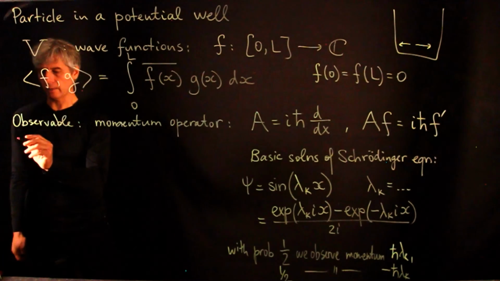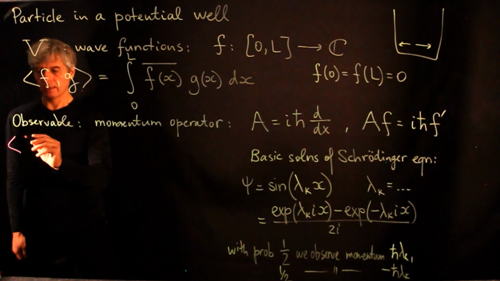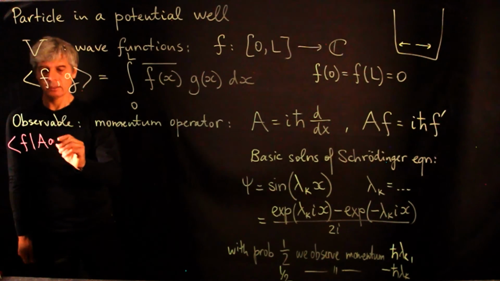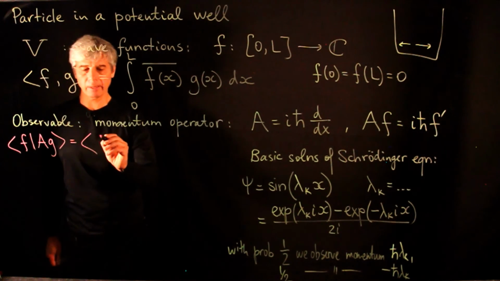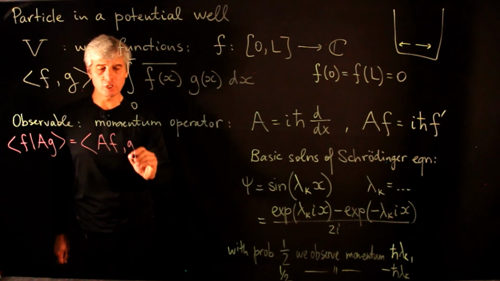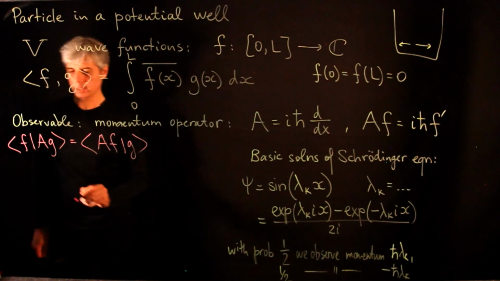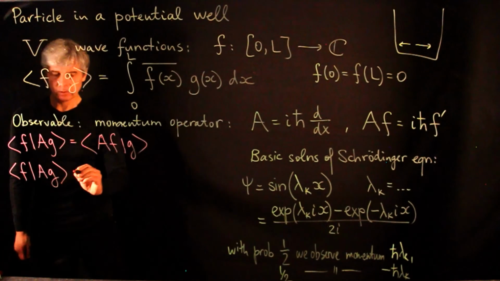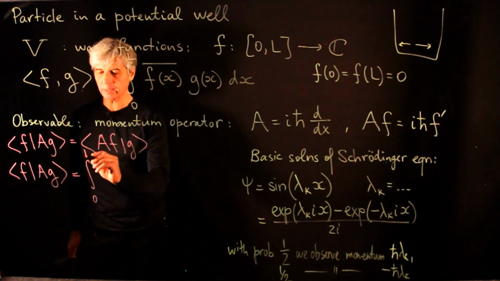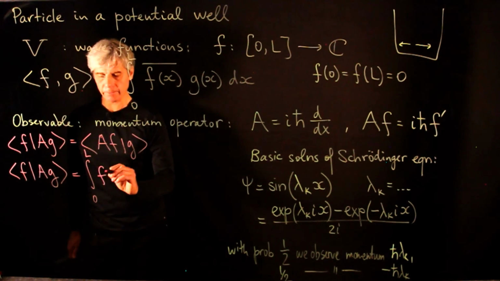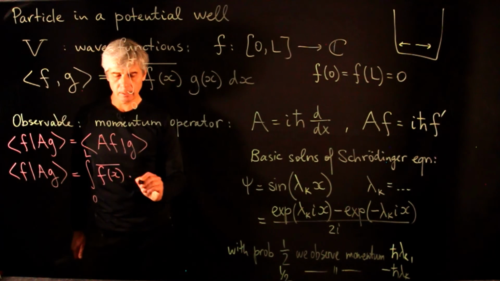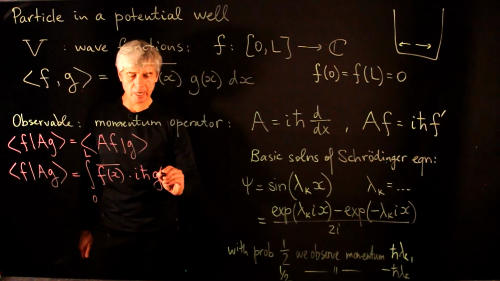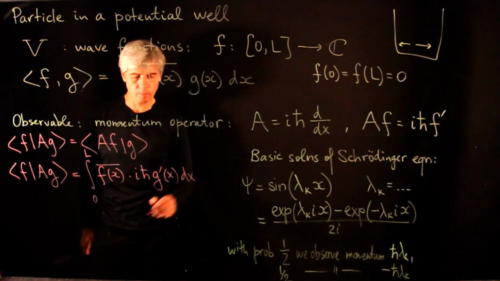So what do we need to check? We need to check that (f, Ag) is the same as (Af, g), right? So what is (f, Ag)? This is the integral from 0 to L of f of x conjugate times i h g prime of x dx.